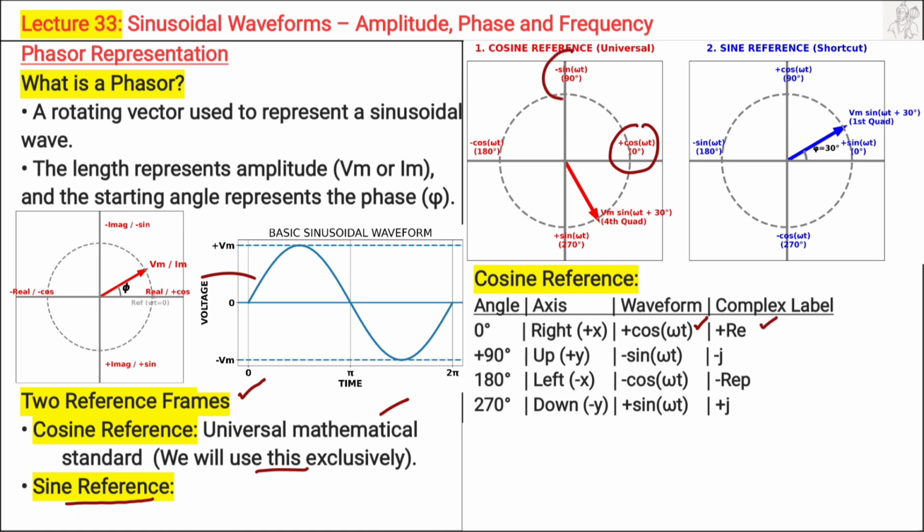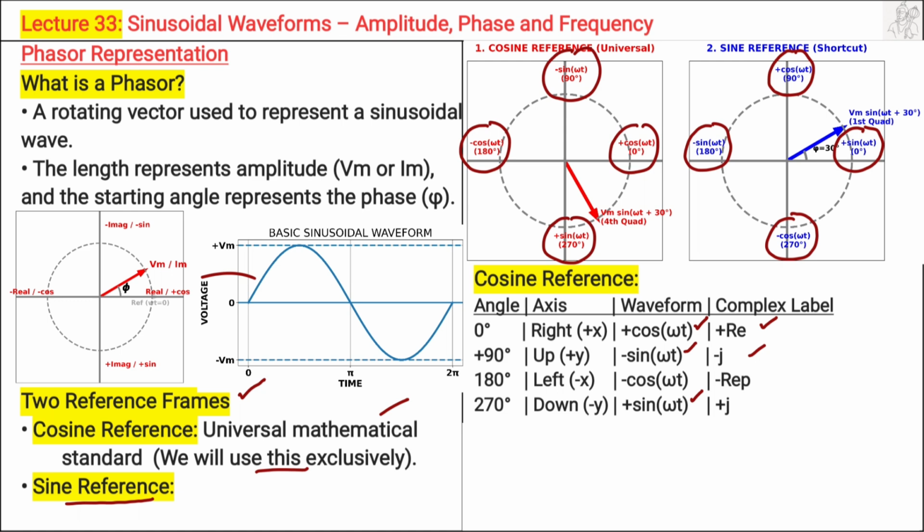At 90 degree, it represents −sin ωt, that is the negative of the imaginary part. At 180 degree, it represents −cos ωt. And at 270 degree, it represents the +sin ωt waveform. And in sine reference, it starts from sin ωt at 0 degree, cos ωt at 90 degree, −sin ωt at 180 degree, and −cos ωt at 270 degree.